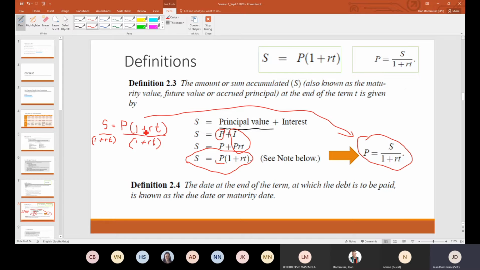Now I can see on this side 1 plus RT and 1 plus RT cancels out, because it's basically saying it is 1. So here I am sitting with P equal to S over 1 plus RT. And that is how you got to that.